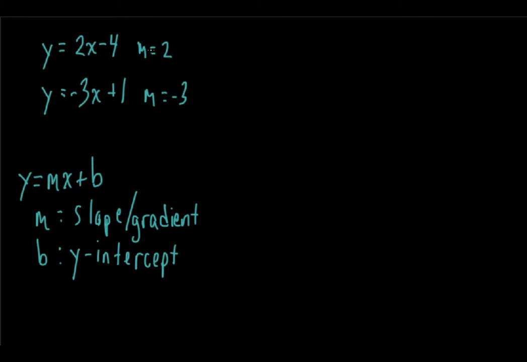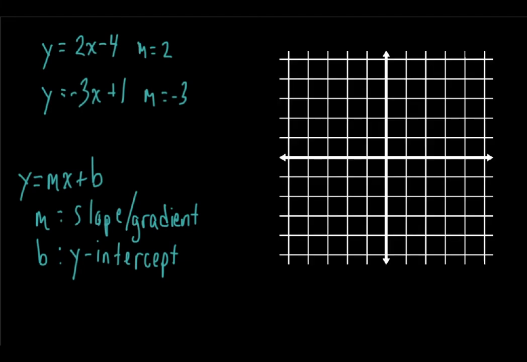If they had the same gradient, they would be parallel lines, and so they would never cross. But clearly they're different, so at some point, somewhere, they must cross each other. Okay, let's graph that. How about you take a moment and think about where that intersection would occur. And now we'll graph it together.